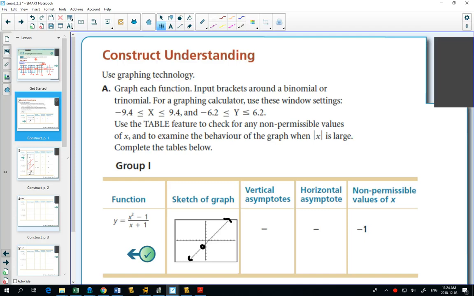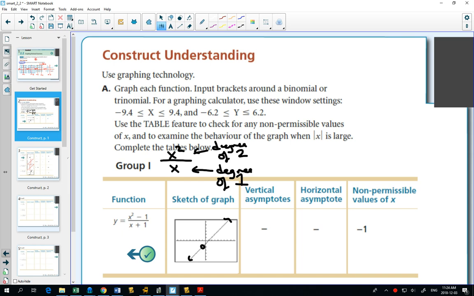So group 1. Group 1, did you notice that every single time you had a parabola on the top of some sort divided by a line on the bottom, you had something with a degree of 2, that's a parabola, divided by something with a degree of 1?